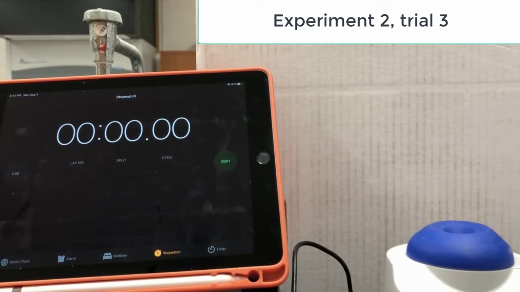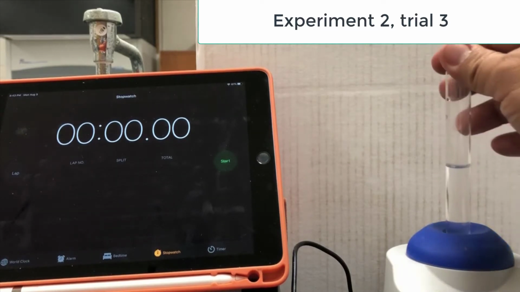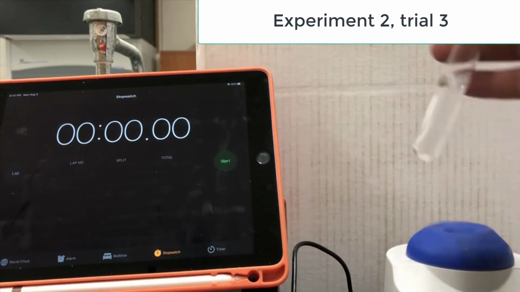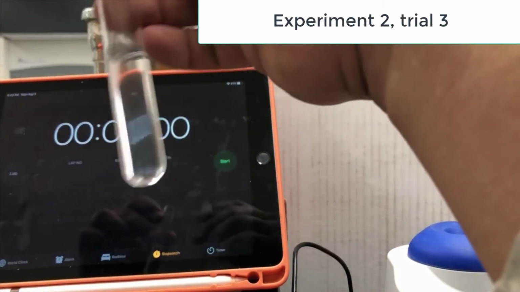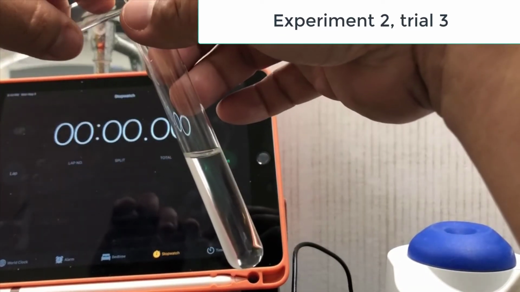So when I looked at the videos for trials 1 and 2 of experiment 2, they didn't look that close to me. I didn't look exactly. So what I'm going to do is do a third trial, and then you'll use the 2 that are closest together. I only need to mix this up a little bit before, and then I'm going to add these 2 together, start the timer, and mix.